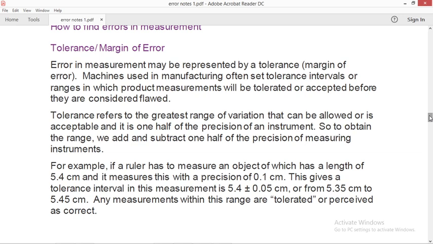So 0.1 divided by 2 gives me 0.05 centimeter. That's why the tolerance interval in this case is plus or minus 0.05. So my true value is 5.4, but I will consider 5.35 and 5.45 because that is inside my tolerance range. So we can say any measurements within this range are tolerated or perceived as correct.